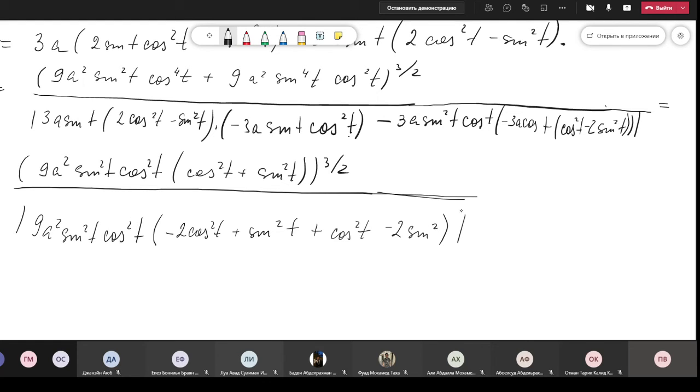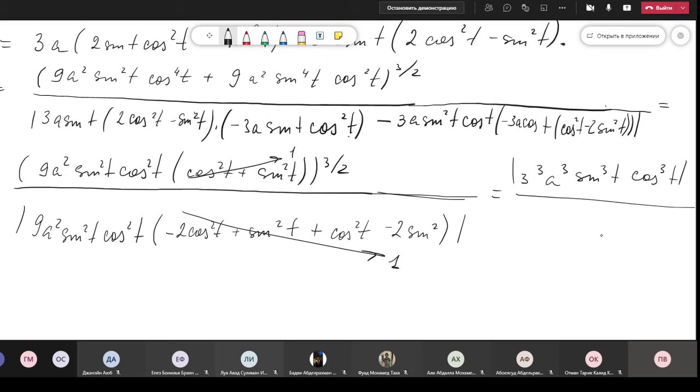It means we have the modulus of 1, here 1, 2, here 2, 1, and we have sine cubed, sine cubed, modulus of 3 squared sine squared cosine squared equals 3a sine cosine.